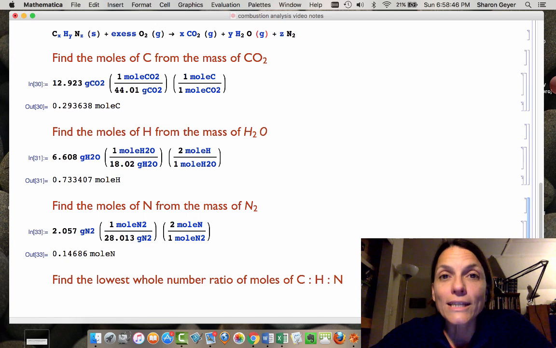So we need to get the whole number ratio between those 3 elements to figure out the empirical formula of the compound. If you look at the 3 numbers, our lowest number is nitrogen. So we're going to divide all 3 of those numbers of moles by the number of moles of nitrogen, since that's the smallest of the 3.